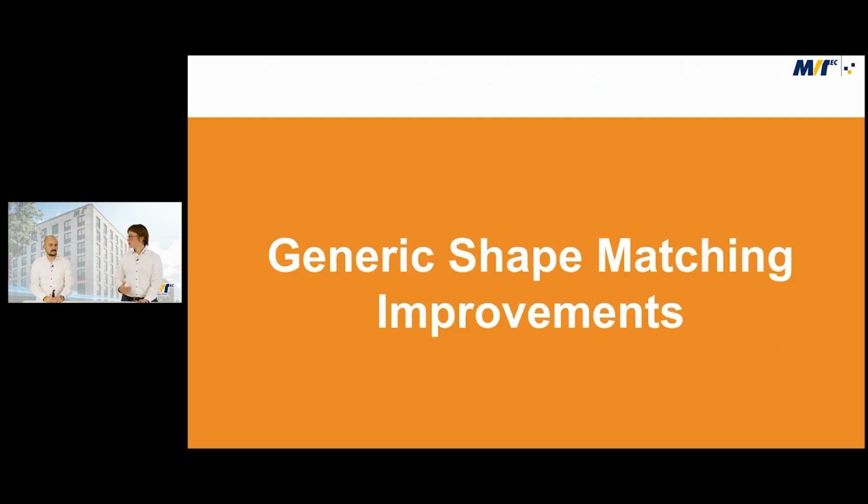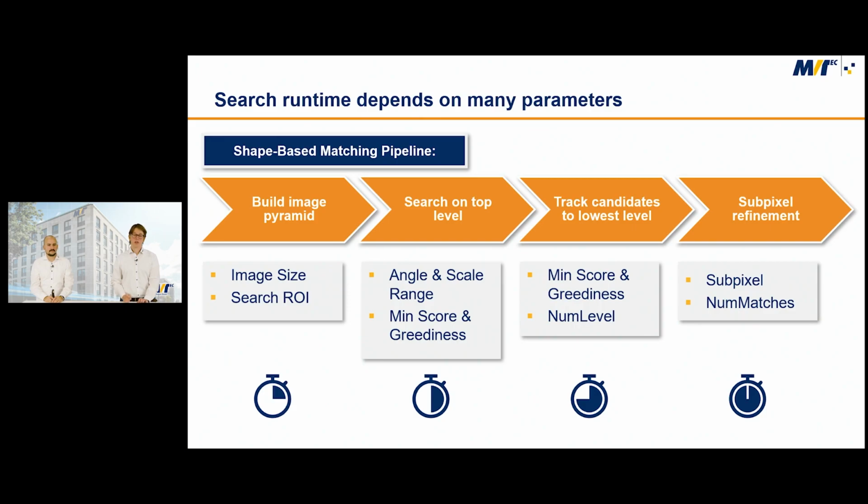There are also improvements to generic shape matching. The first thing is, everybody who knows generic shape matching or shape matching in general knows that the search operations take up time. How much time is relative. But the fact is, the search operation goes through many steps by just one operator call.